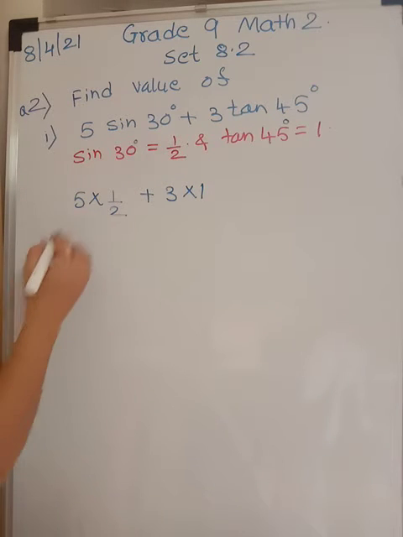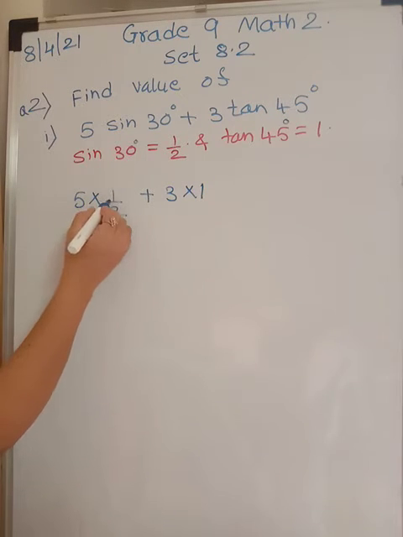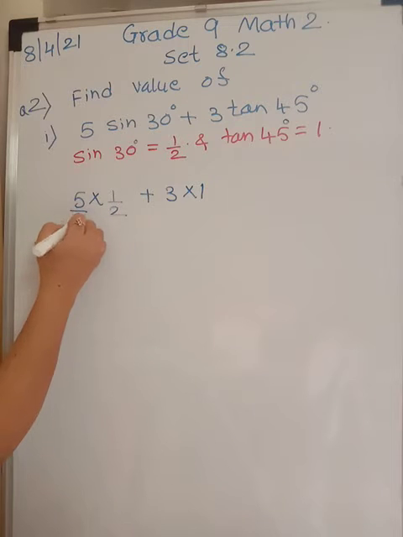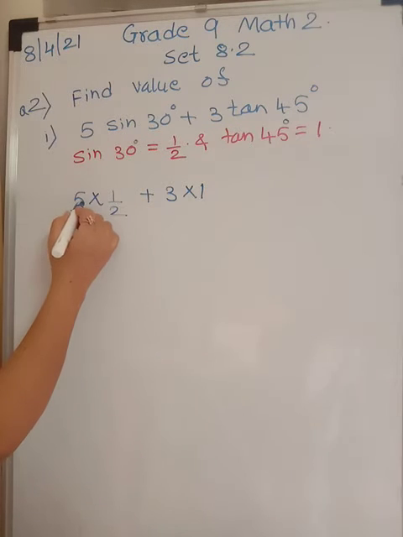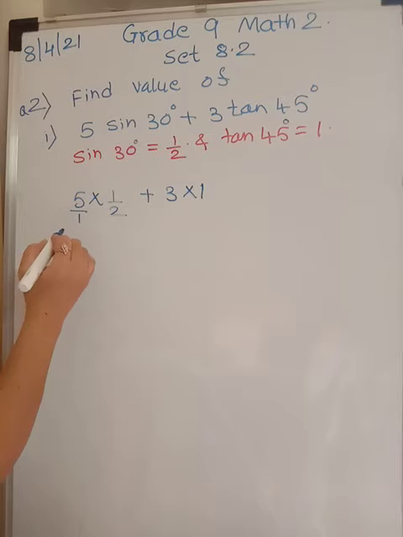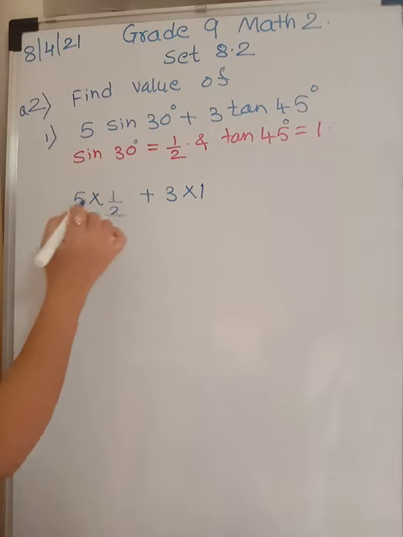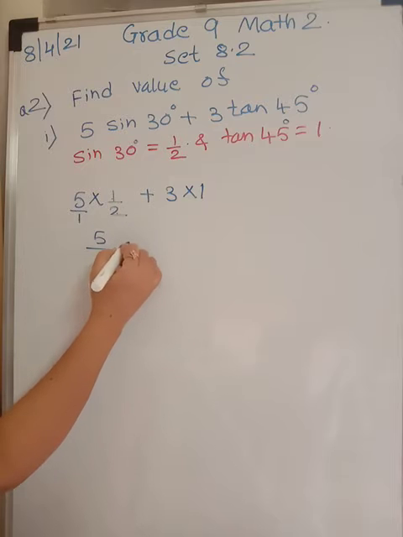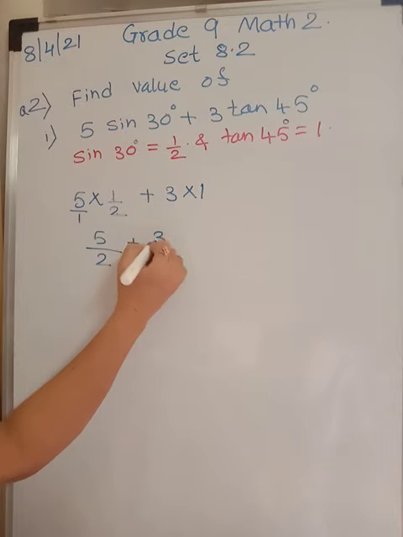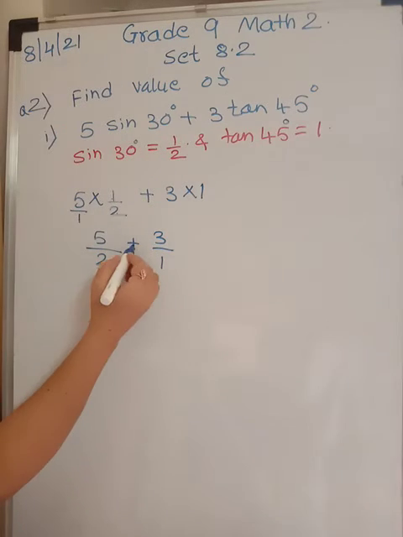Is this clear? Now, this is numerator into numerator, denominator into denominator. 5 means 5 upon 1. So for multiplication, what are the rules? Numerator into numerator: 5 ones are 5. Denominator into denominator: 2 ones are 2. Plus you have 3 ones are 3 upon 1. Now here it is plus sign.